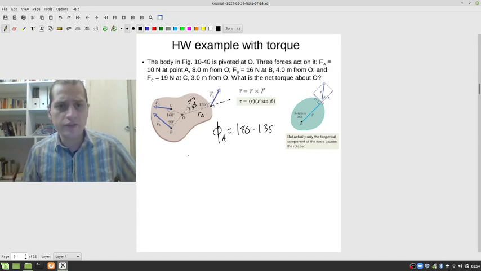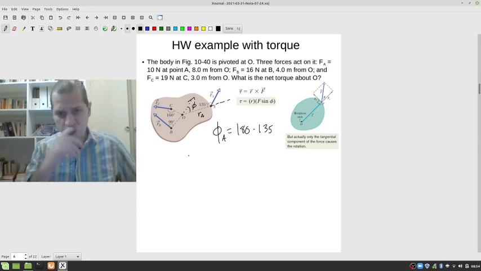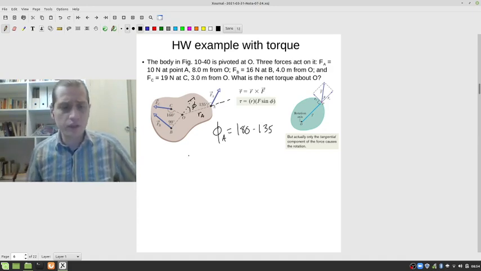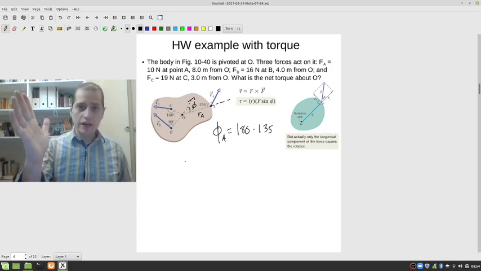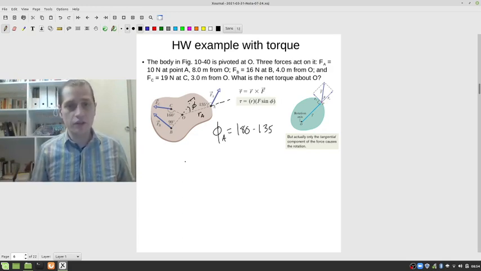The other thing that you want to be aware of when you're doing this problem is the directional thing. Okay, so this is where we get our right hand out and see if we can do it.